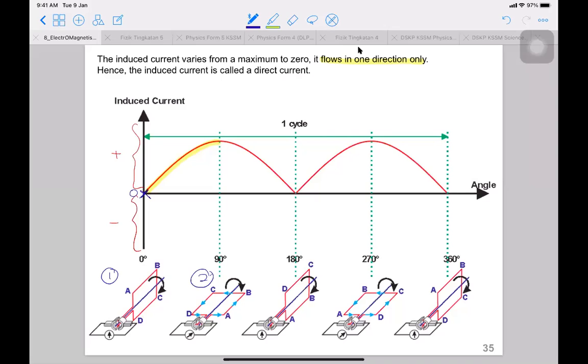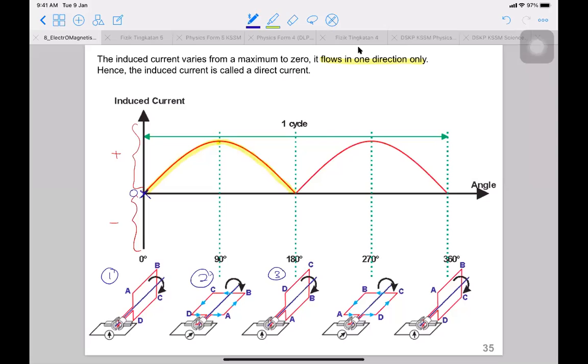And then as it rotates again, the value of the induced current will start to decrease. It will gradually decrease until it is in a vertical position again, like in number 3.